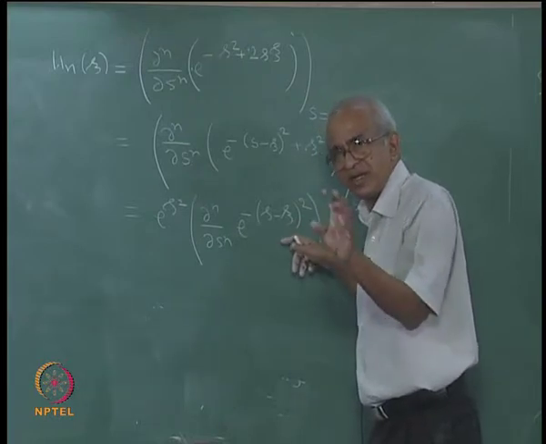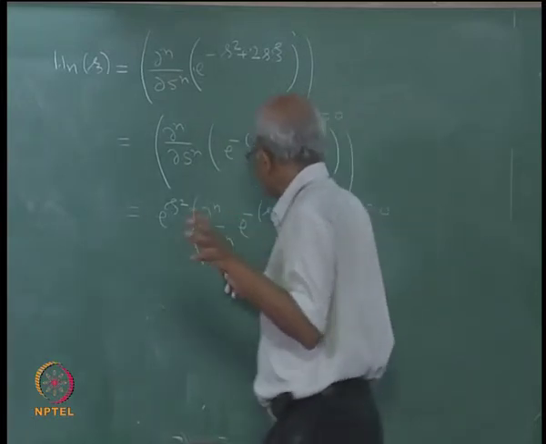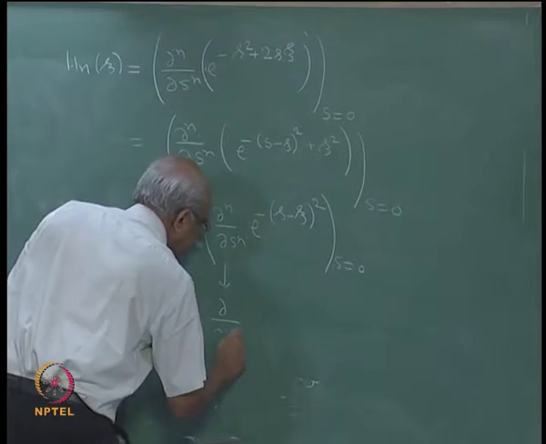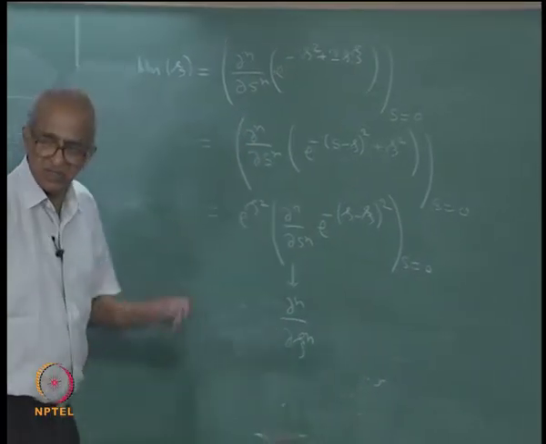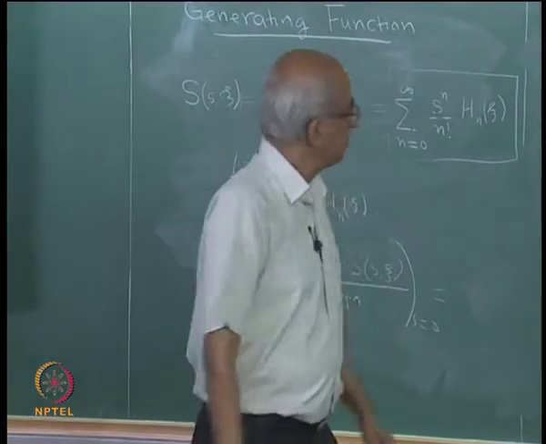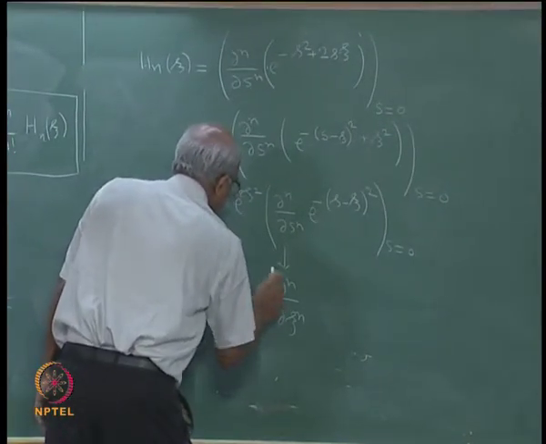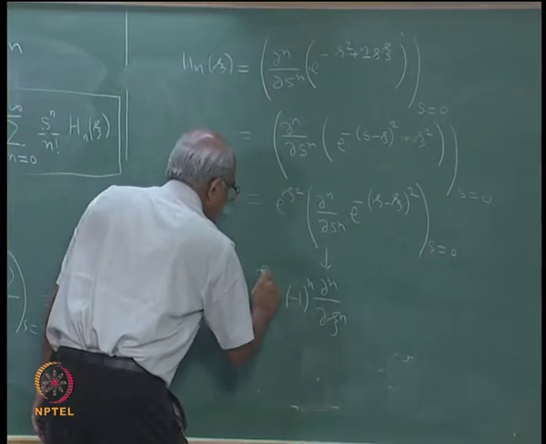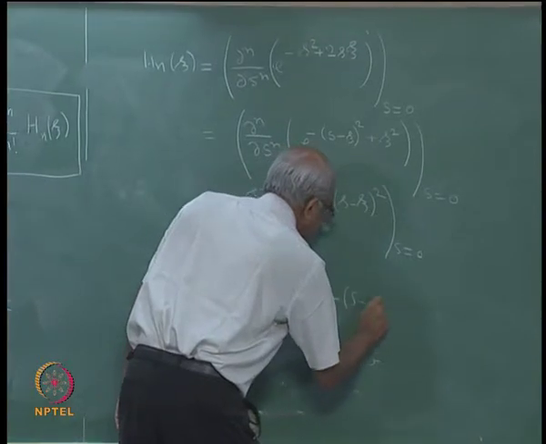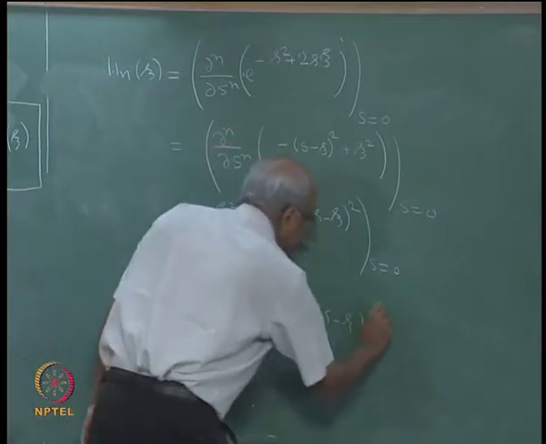The only thing is that an additional negative sign has to be put, right. So, this derivative is actually dou by dou c to the power of n, but with each differentiation in c there is going to be a minus 1 coming out. So, it is minus 1 to the power of n e to the power of c square e to the power of minus s minus c the whole square, and of course, I shall have to put s equal to 0.